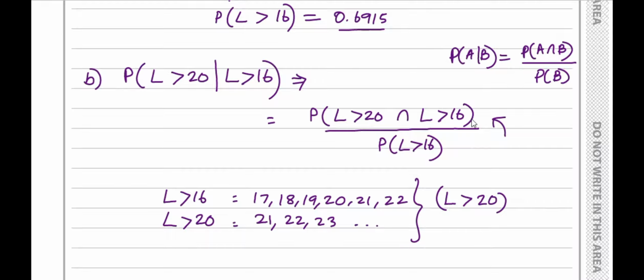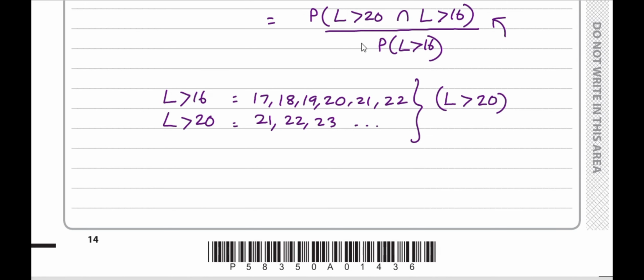So the numerator simplifies to L greater than 20. Therefore, this equation simplifies to probability of L greater than 20 upon probability of L greater than 16, which we have already calculated.